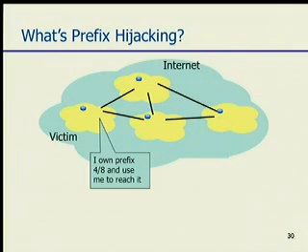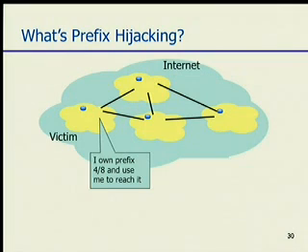Here we're also trying to build a reachability graph. From the previous project, you can summarize that each end host is building some kind of path information or reachability graph to different destinations. The goal here is to detect prefix hijacking.